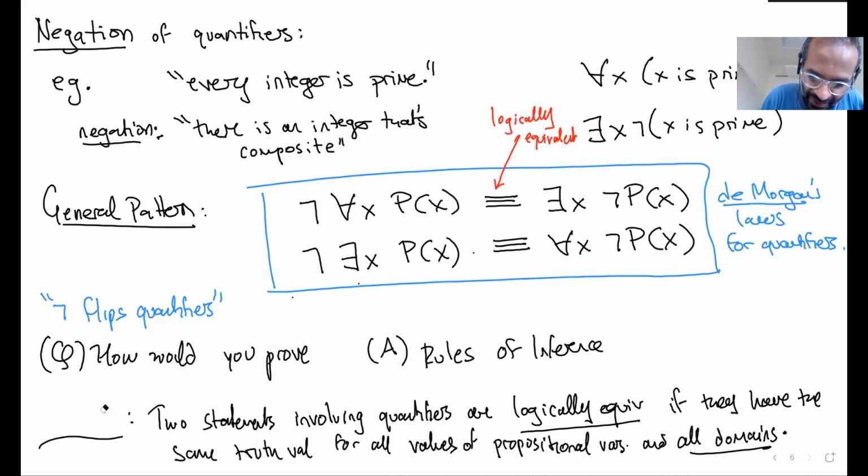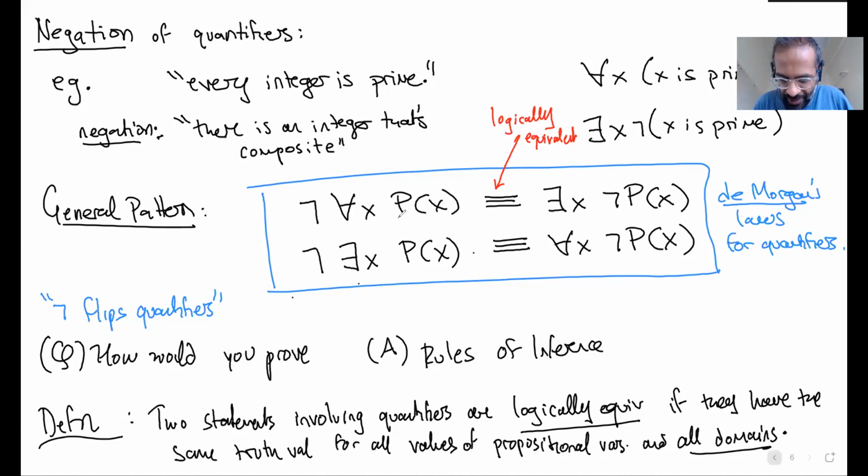It's a definition of this notion of logical equivalence of two propositions that could involve quantifiers, right? Like what's written in this blue box. And the claim is that two such propositions are logically equivalent if they have the same truth value, regardless of which domain the quantifiers are over.